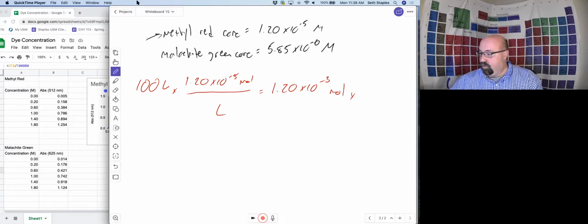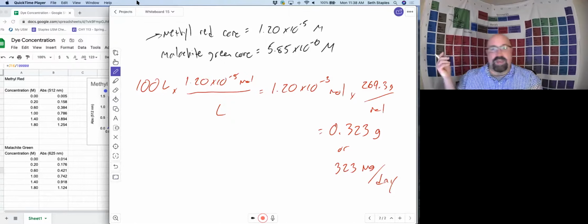I found the molar mass of methyl red to be 269.3 grams per mole, which means that the fish is pulling in 0.323 grams, or 323 milligrams every day. And so every day this fish, as it's filtering through the water, it's filtering through about 100 liters, which is pulling in about 323 milligrams of actual dye, 323 milligrams of methyl red every single day.